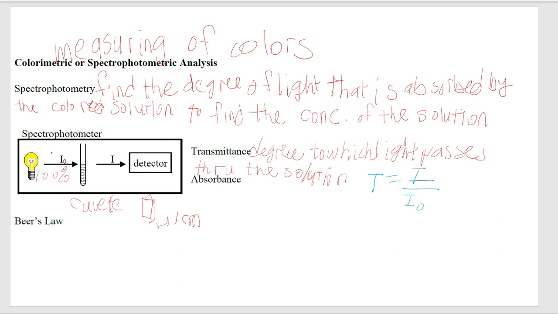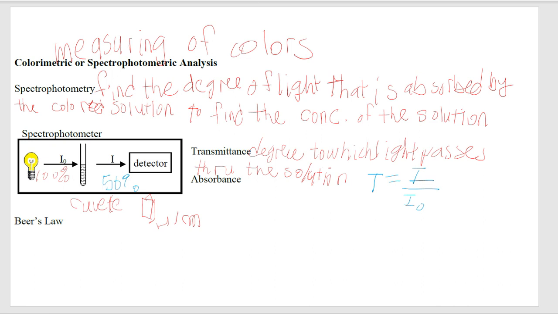All right, absorbance is how much was absorbed, right? So say 50% of the light got through. That means 50% of the light was absorbed. So the absorbance is inversely related to transmission, or transmittance, I should say, and it's directly related to concentration.